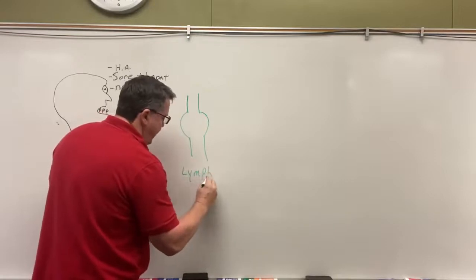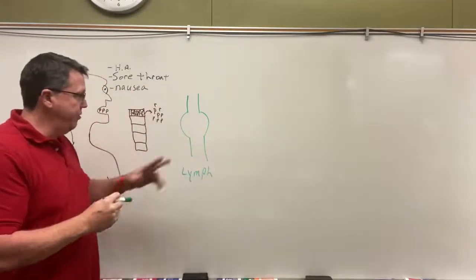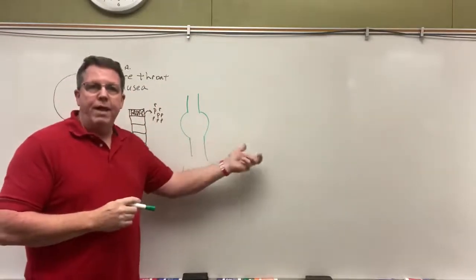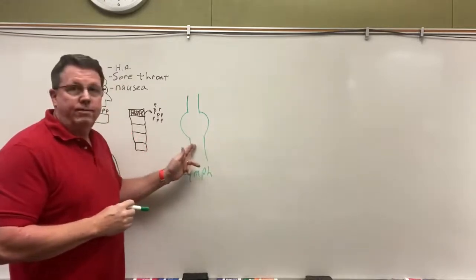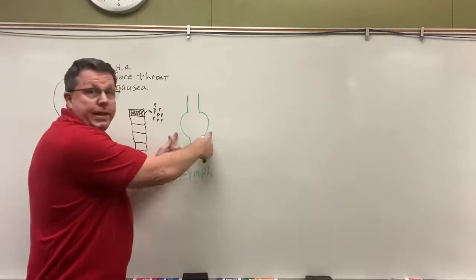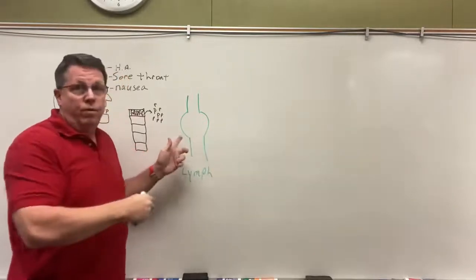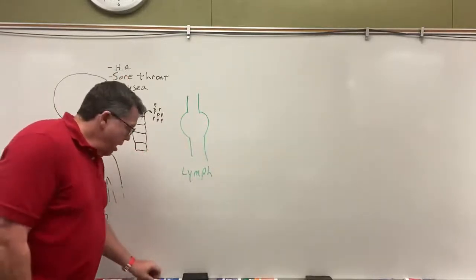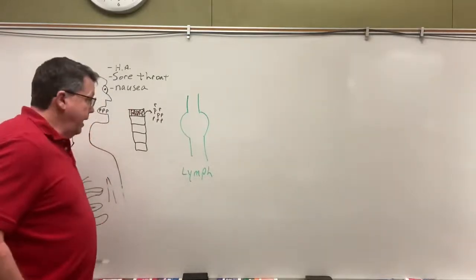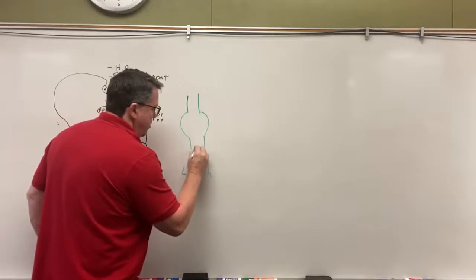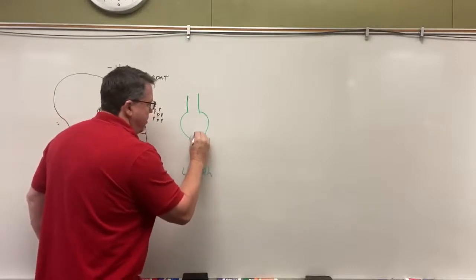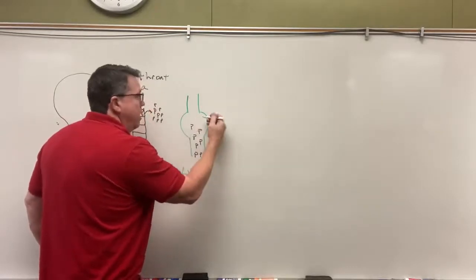Now what the lymph system is, when blood doesn't go back into the bloodstream, it can sometimes go into the lymph system. And you'll notice I have an enlargement right here. That's called a lymph node, okay? And usually your lymph nodes are going to contain white blood cells.